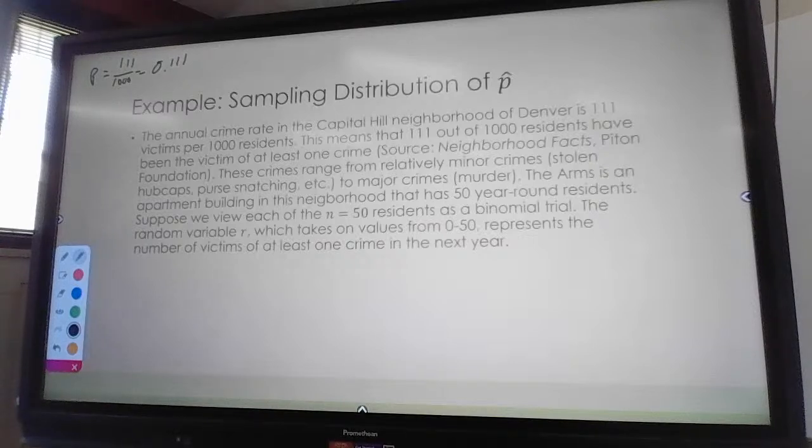These crimes range from relatively minor crimes, stolen hubcaps, purse snatching, to major crimes like murder. The Arms is an apartment building in this neighborhood that has 50 year-round residents. Suppose we view each of the n equals 50 residents as a binomial trial. The random variable r, which takes on values from 0 to 50, represents the number of victims of at least one crime in the next year.